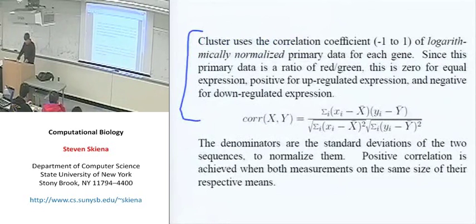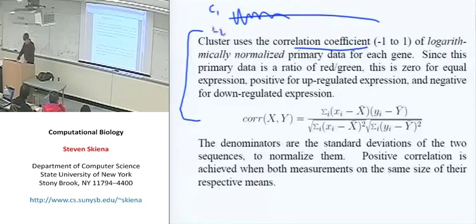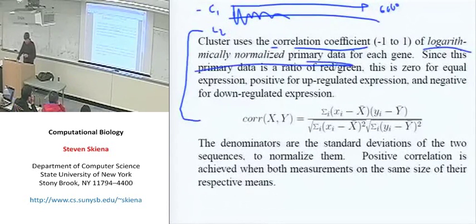For microarray data, the recommended distance function was not really Euclidean distance but the correlation coefficient. You had one gene or cluster here, another there, with 6,000 or 10,000 dimensions. To measure similarity or dissimilarity they used the correlation coefficient, where they normalized the data by basically taking the log of the red-green ratio.